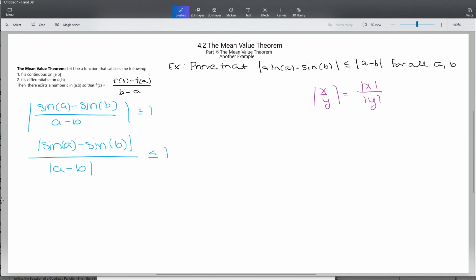Now you can see I'm really close to the inequality that I'm trying to prove. I want to multiply both sides by the absolute value of A minus B, but I need to explain that the reason I am allowed to do that is because this is an absolute value and it's positive.